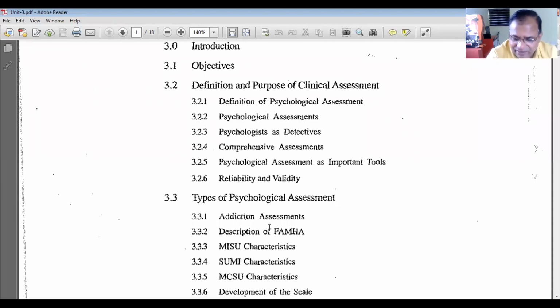So these are distinct from the tests we have studied in counseling psychology. Psychological assessment is common in counseling and clinical, but the tools are different. We used different tools in counseling and we are using different tools in clinical assessment.